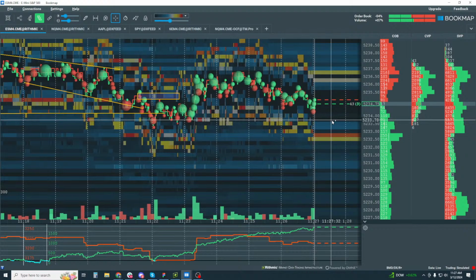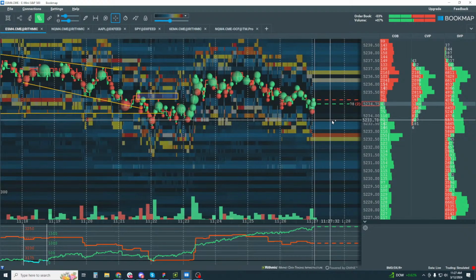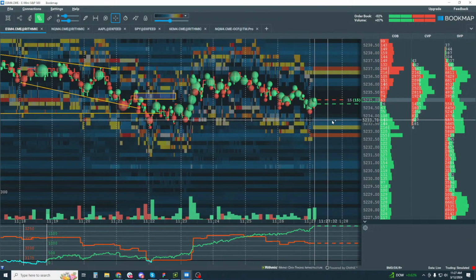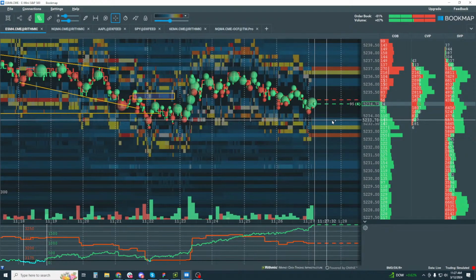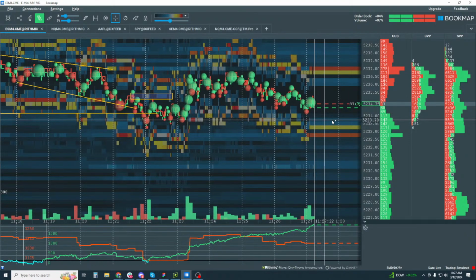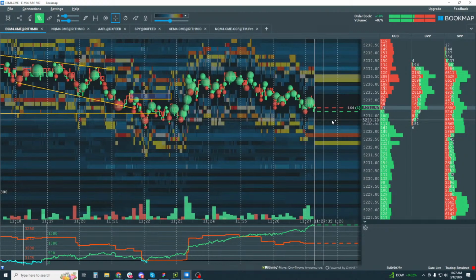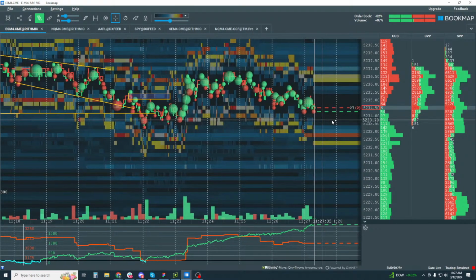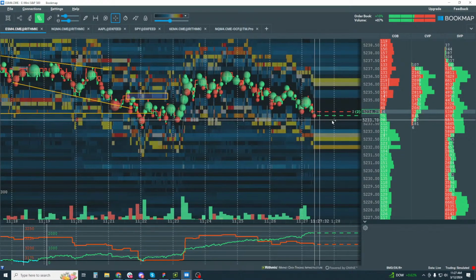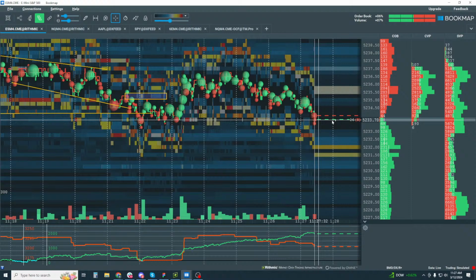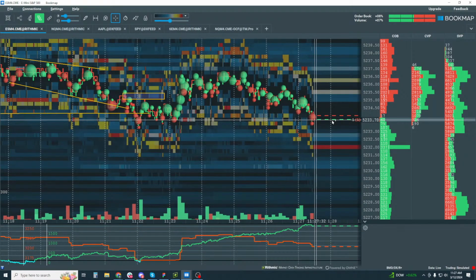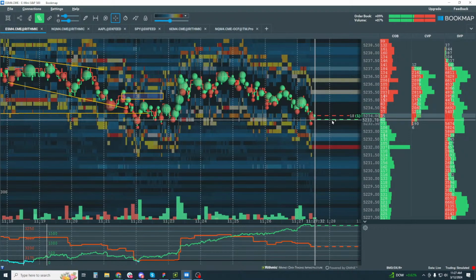Sellers keep grinding it lower here, but followed up with more buying coming right back in. Okay, all the way back down to the swing.